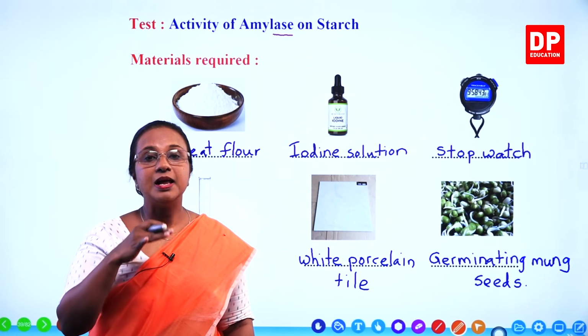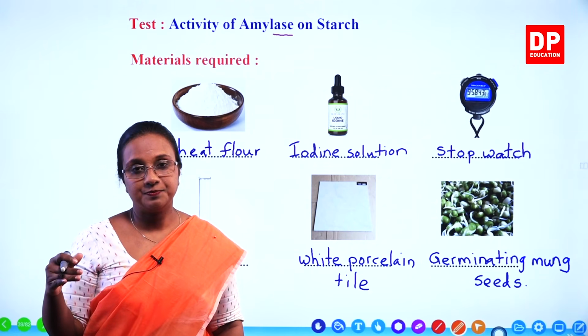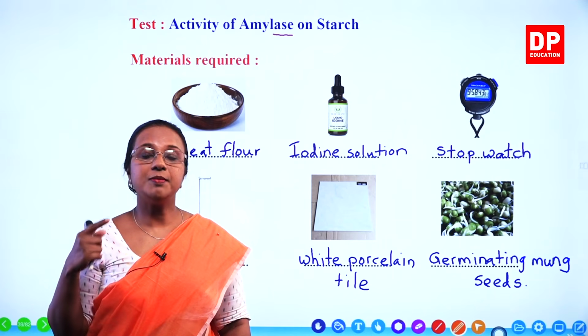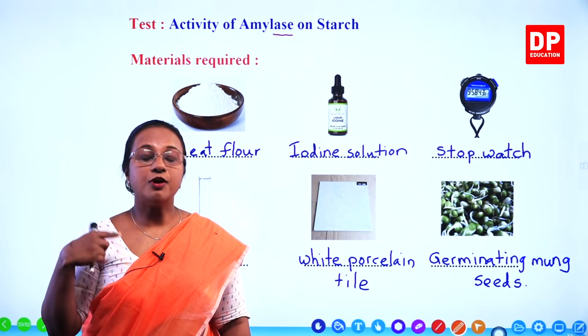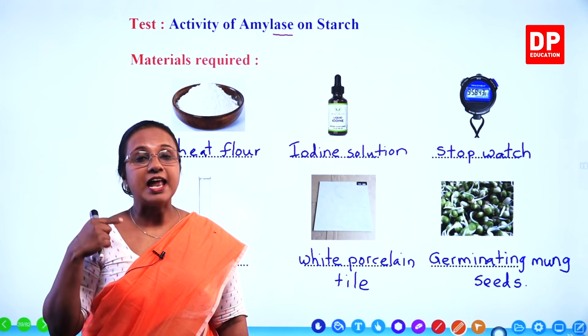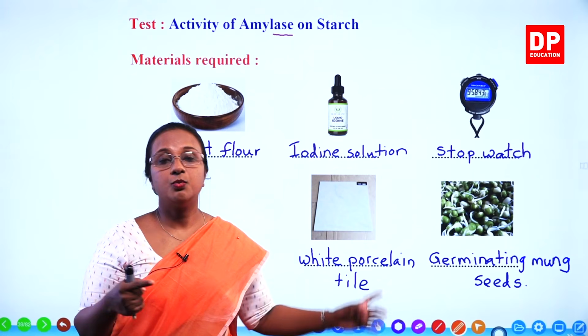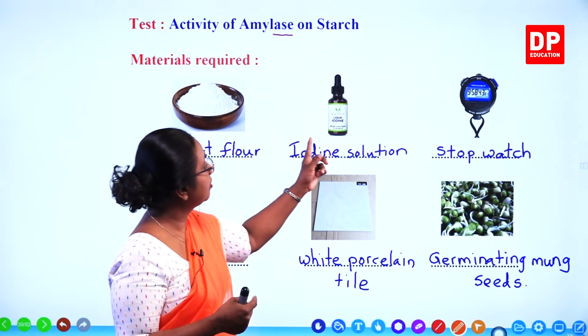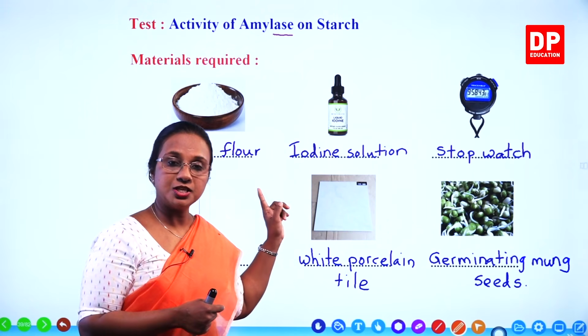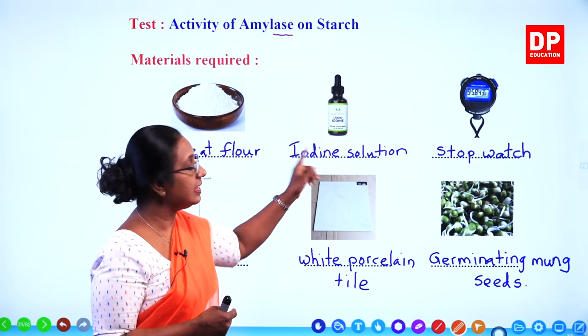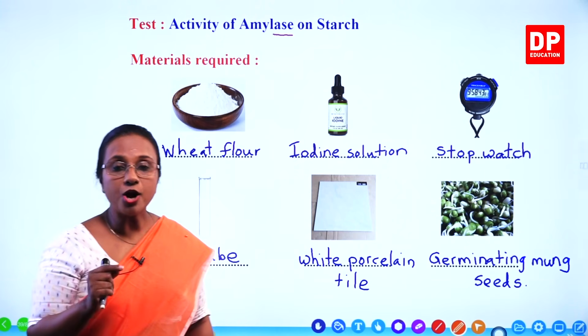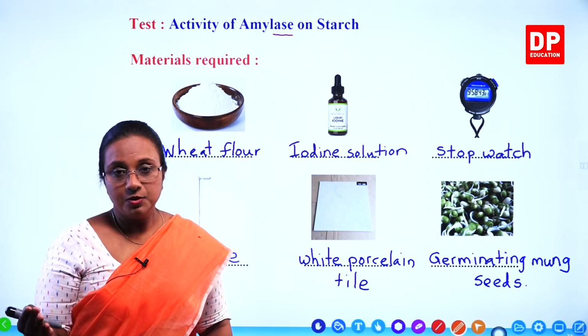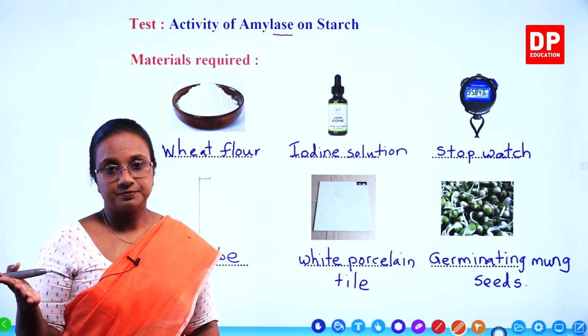It will become lighter and lighter. We keep on repeating this procedure for 20 minutes. And after 20 minutes, when we take a drop from the reaction mixture and test with iodine solution, you will not see a blue color forming.